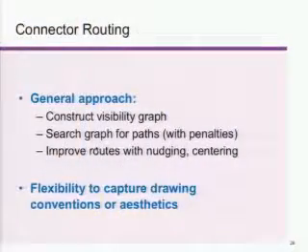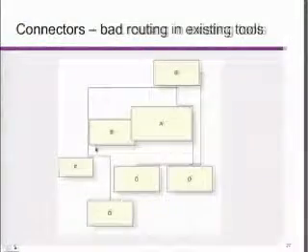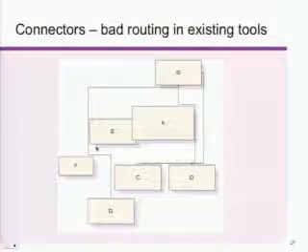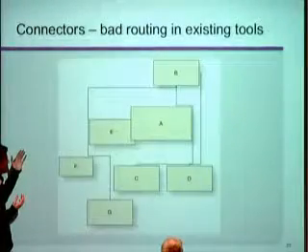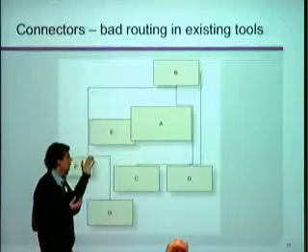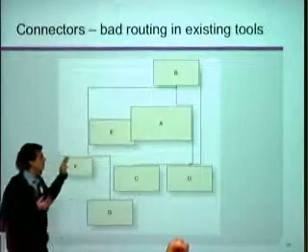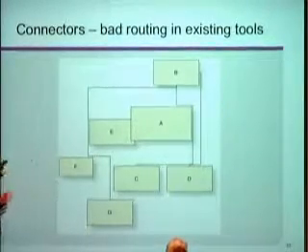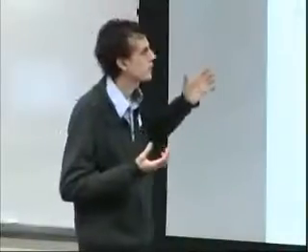So this approach also works for the orthogonal case. And this is, I guess, important here for you guys as well. I know you're working on this a bit as well. This is the orthogonal connector routing in Visio, and I'd like to point out a couple of things that are really, I feel, problems with it.